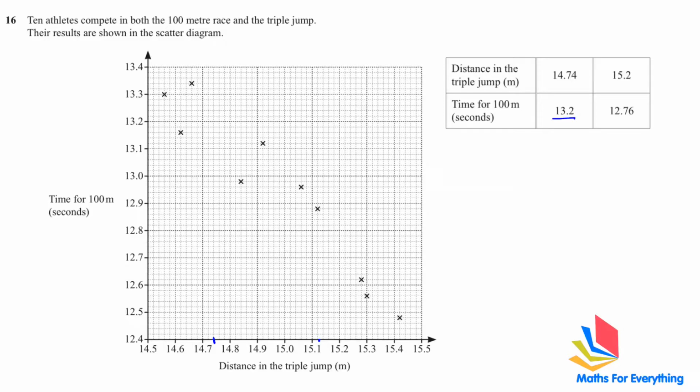So 13.2 is here. This is our point. The next one is 15.2. 15.2 is here and the corresponding value 12.76. This is 2, 4, 6. So we just have to find the point here. This is the point.